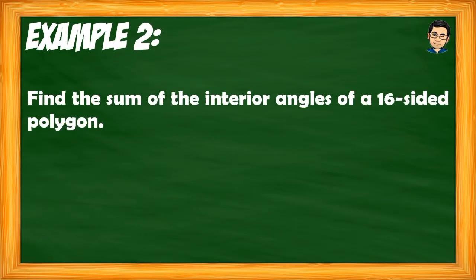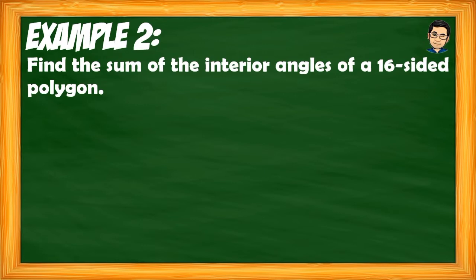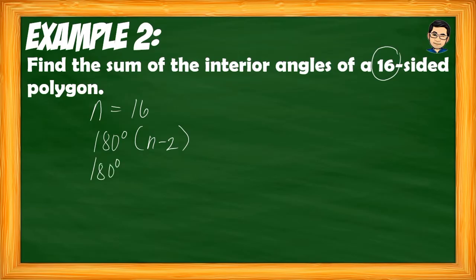Next example. What about the sum of the interior angles of a 16-sided polygon? Okay. So, based dyan, yung n natin, kitang-kita naman, 16. So, n is equal to 16. Now, we will substitute 16 to the formula 180 degrees times n minus 2. So, 180 degrees times 16 minus 2.